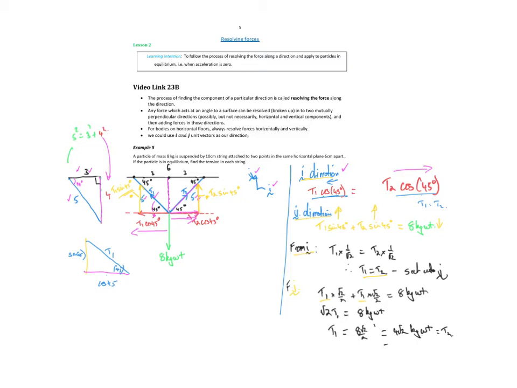So T1 root 2 on 2 plus T1 root 2 on 2 is 2 root 2 on 2. So I get root 2 T1 is equal to the 8 kilogram weight. Divide by root 2, and then rationalise my expression. So I get T1 is in fact 4 root 2 kilogram weight, which must be the same as T2.